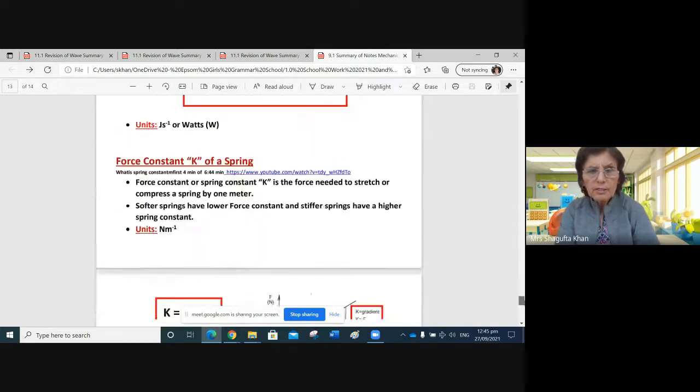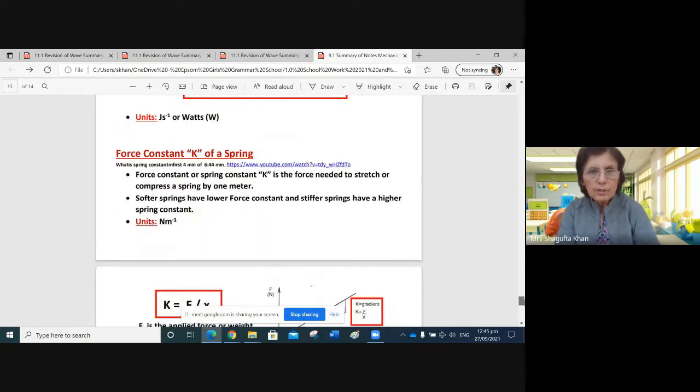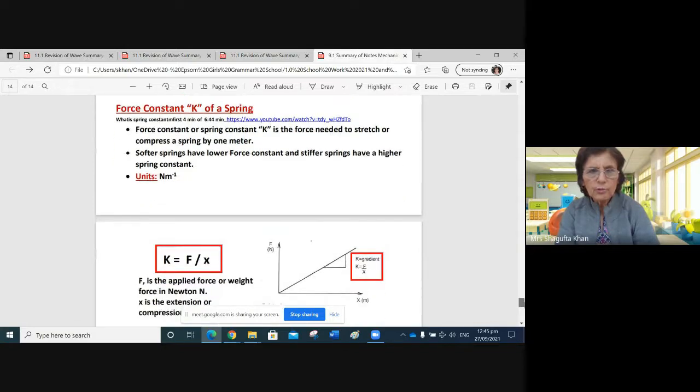Now, last thing, it won't take long, is the energy in a spring. So first of all, we need to know what the force constant is. Force constant of a spring can be for soft springs or stiff springs. If it's easier to stretch a spring, then we say it has a lower spring constant. If you require more force to stretch it, it has a high spring constant.